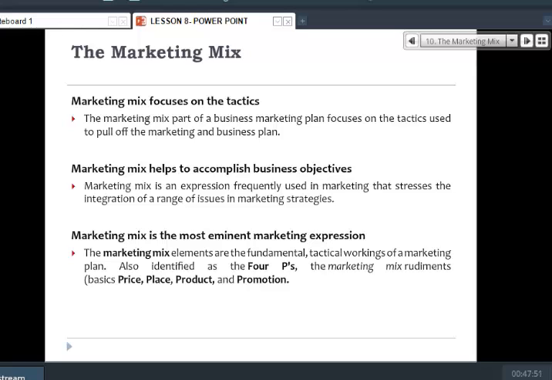So in the exam, I might ask you as a multiple choice question, what are the 4 Ps? 4 Ps means the 4 Ps of the marketing mix. What are they? The first is price, second, place, third, product, and fourth, promotion. You need to have the pricing, the place, the product, and the promotion.